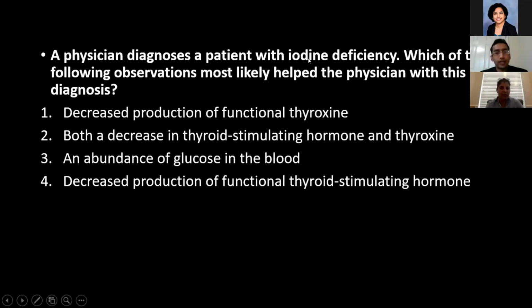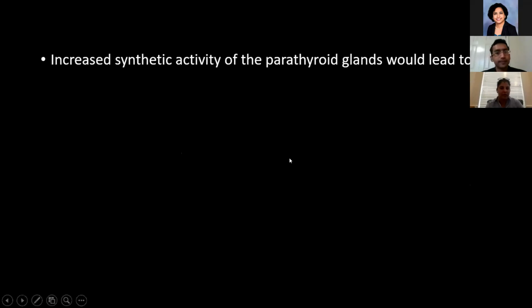So when there is decreased iodine, there will be a decrease in the thyroid hormone, but an increase in the TSH. So it's opposite. Same here, the decrease in the TSH is the wrong answer, and an abundance of glucose in the blood is totally not the right answer, because though it does affect glucose with some metabolism, the main glucose increasing or decreasing hormone is insulin. So the answer is decreased production of functional thyroxine.